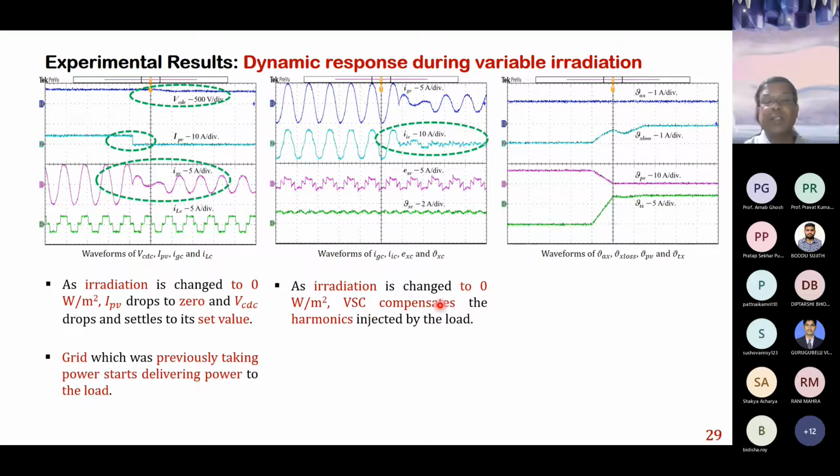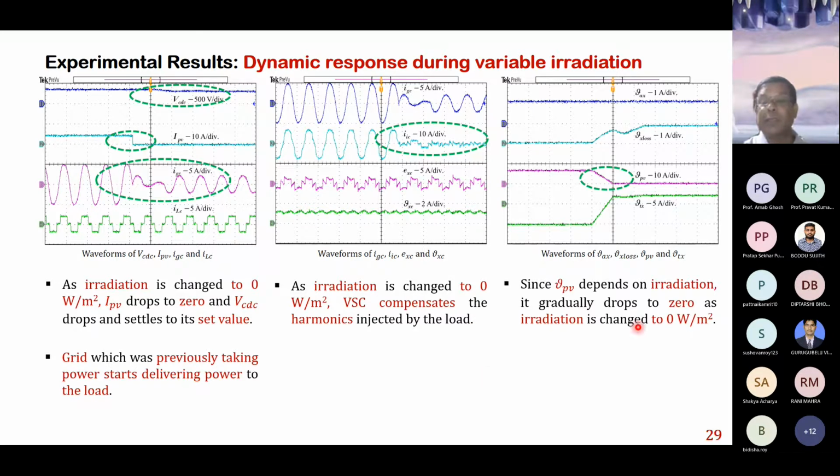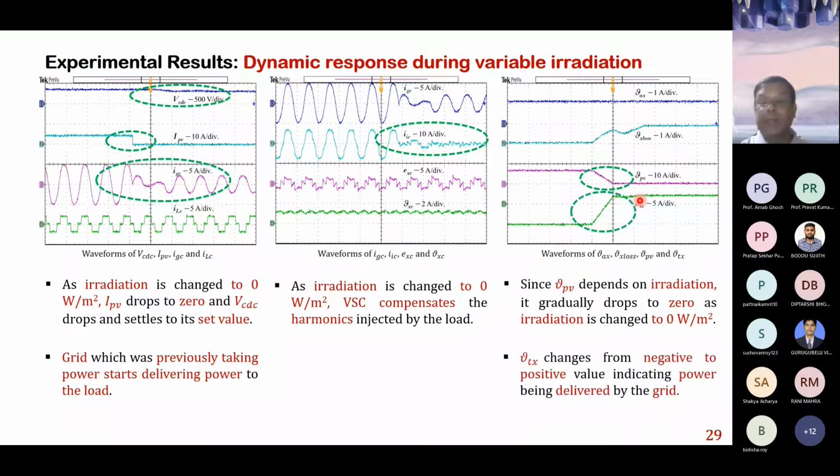The irradiance is changed to 0 and the VSC compensates the harmonics injected by the load current. And this VPV depends upon the irradiance, so it gradually drops to 0 as the irradiance does. Therefore this has gone to 0, and the grid power changes from negative to positive value, indicating the power is being delivered by the grid.